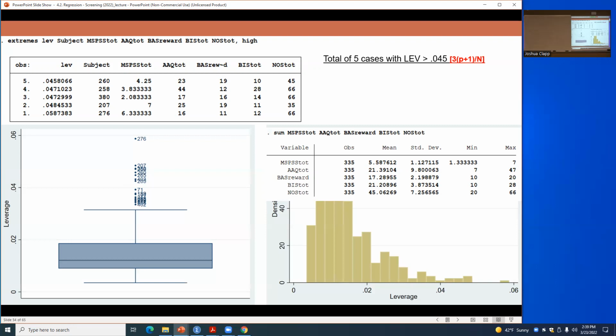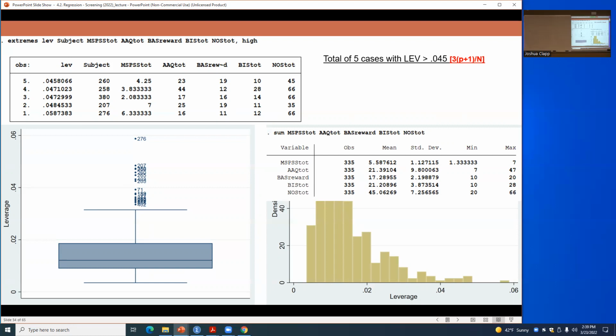Is 16 weird relative to 21 with a standard deviation of 9.8? Not really, so that's looking fine. We've got BAS reward here with a score of 11. The mean is 17 with a standard deviation of 2. Is 11 strange? Yeah, it's low, right? So we've got a low BAS score.